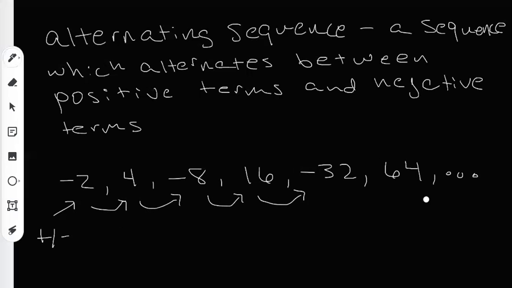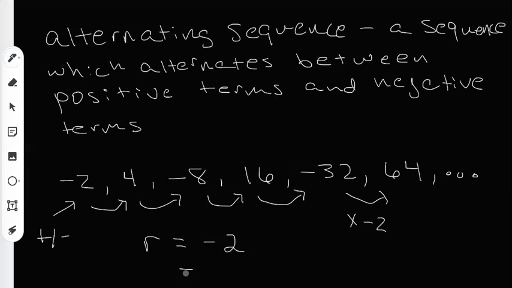So for this sequence, what am I multiplying by? I'm multiplying by a -2, right? So if you have an alternating sequence, it's always going to be geometric.